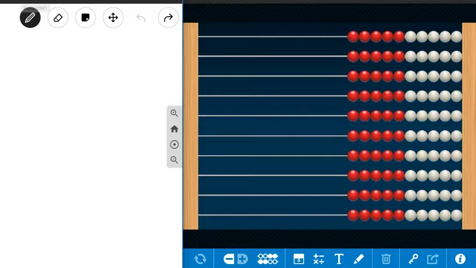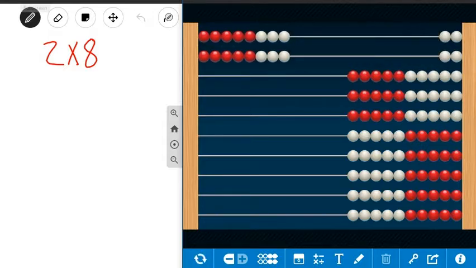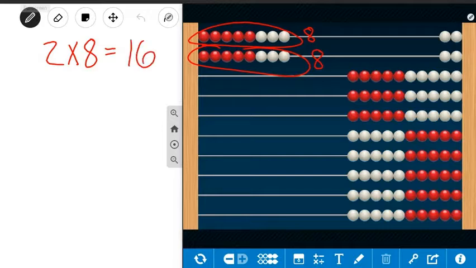So what about 8 doubled? 2 times 8. Well, in the rekenrek, I have 2 rows of 8. So I have 8 here and 8 here. So 2 times 8 equals 8 twice, which is 16.